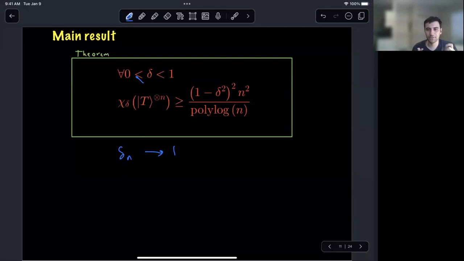We didn't state our result in that way, but we can have some delta that is very close to 1. It means that even if you want to approximate your state with a very terrible approximation parameter, you still need quadratic terms, a quadratic number of stabilizer states.